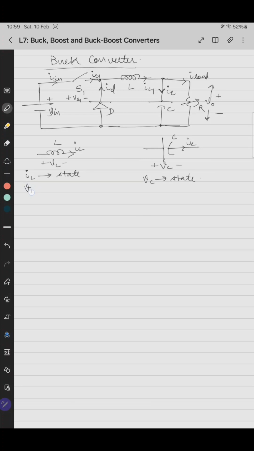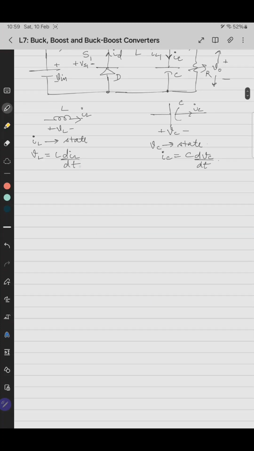We know that the voltage across an inductor is L dIL by dt, and the capacitor current is IC equals C dVc by dt. So whenever there is a change of current through the inductor, that will govern the voltage drop across it.